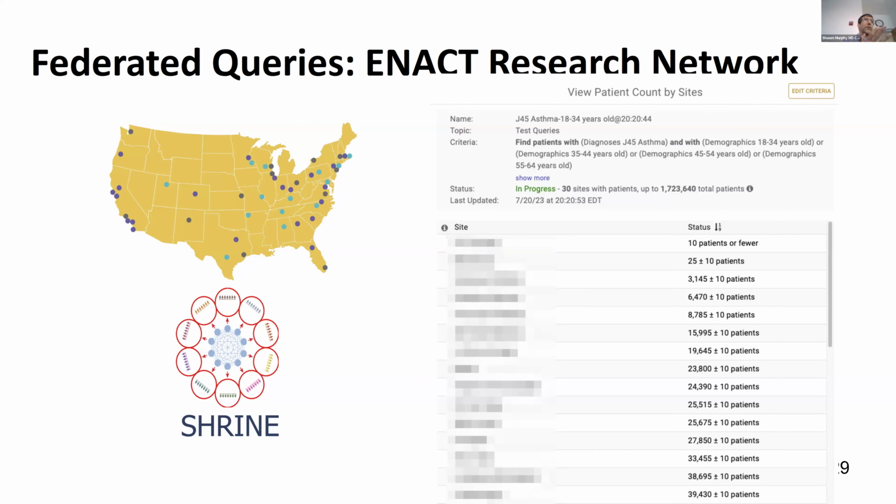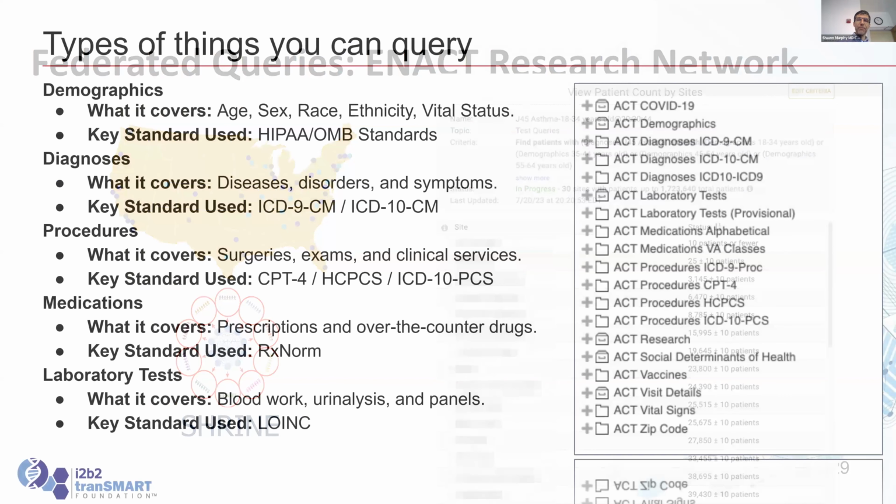So you can see how much of a cohort you would have if you say partnered with Mayo or Pittsburgh or something like that. And then you could work with them in a data enclave or some other kind of arrangement to do data analytics. But at a glance, automatically you get patient counts from all of these sites around the US just by running a query in the Enact Shrine tool.